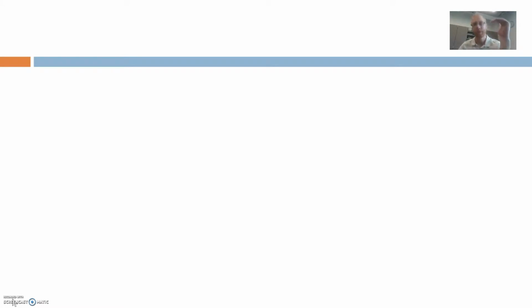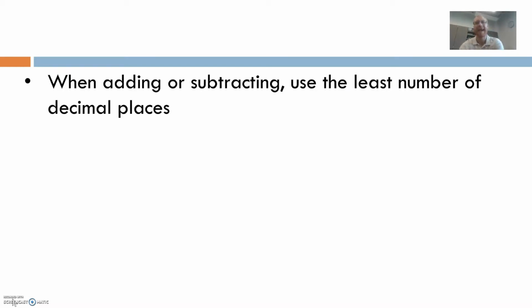what place you're going to round an answer to when you do your mathy thing depends on what mathy thing you do, all right? When you are adding or subtracting numbers, you're going to use the least number of decimal places.